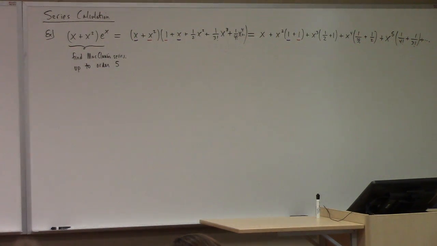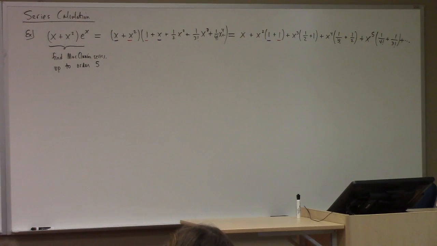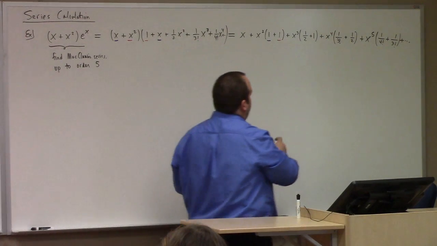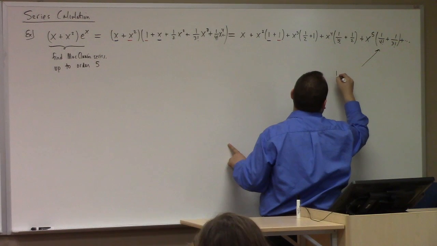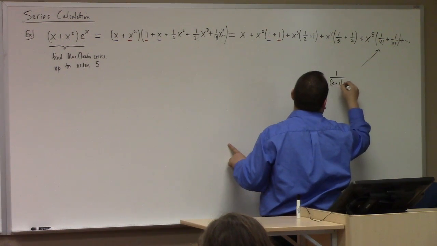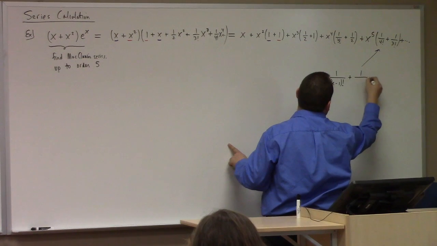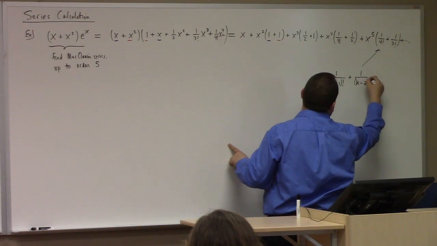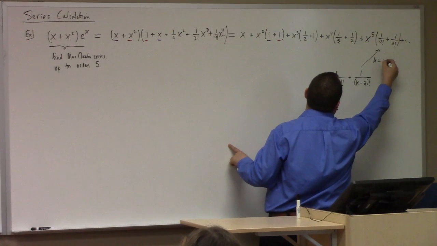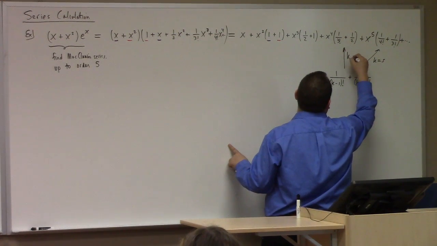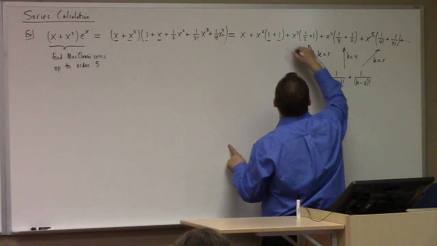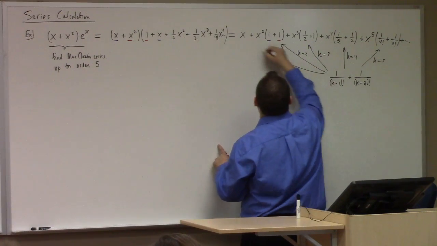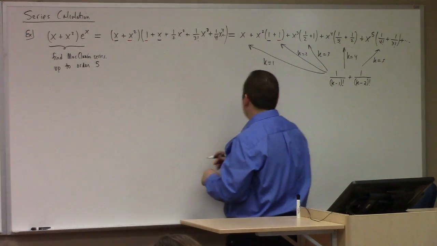I think we've gone long enough and this is simple enough that you might be able to see the pattern for the coefficient of the kth term in the product. Isn't this just 1 over (k minus 1) factorial plus 1 over (k minus 2) factorial? This is k equals 5. Is the same pattern working for k equals 4, for k equals 3, for k equals 2, for k equals 1?